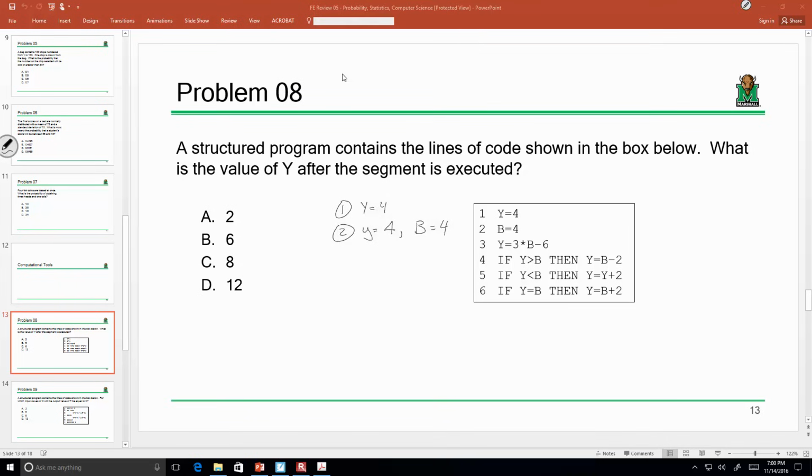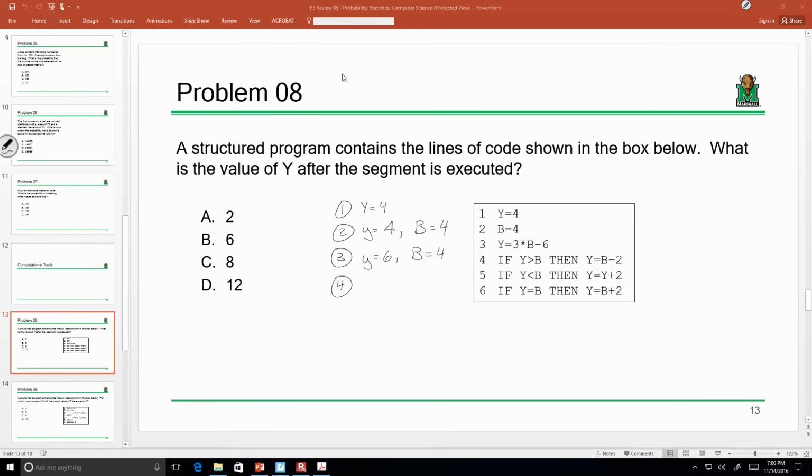Sound good? What does line 3 say? We take y is 3 times whatever b is minus 6. So what is 3 times b minus 6 equal? 6. B remains unchanged.